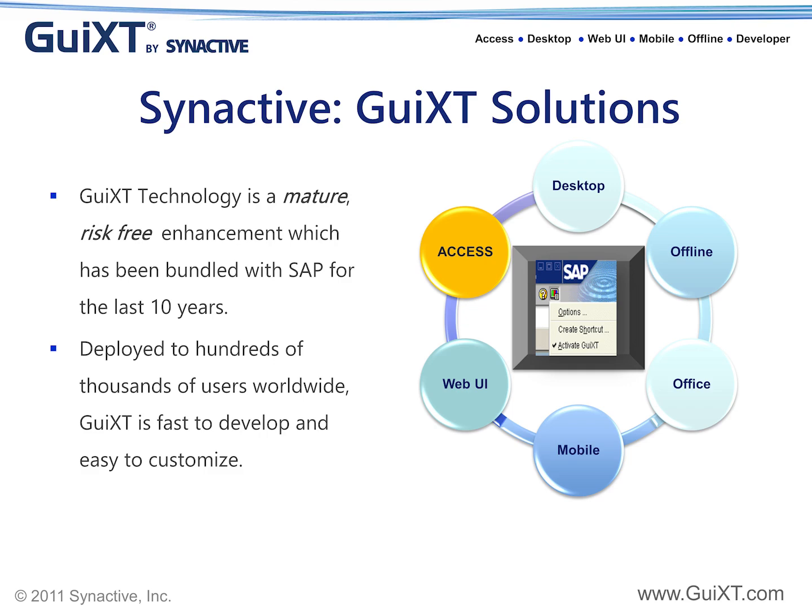GuiXT's mobile solution delivers a fast, effective solution for your mobile workforce. Our offline solution suite allows remote users to create SAP transactions that automatically synchronize when a connection becomes available. GuiXT Access extends SAP connectivity securely via BlackBerry, iPhone, and Android, by providing a customized user interface that allows you to align specific business transactions to a user's specific roles and responsibilities.